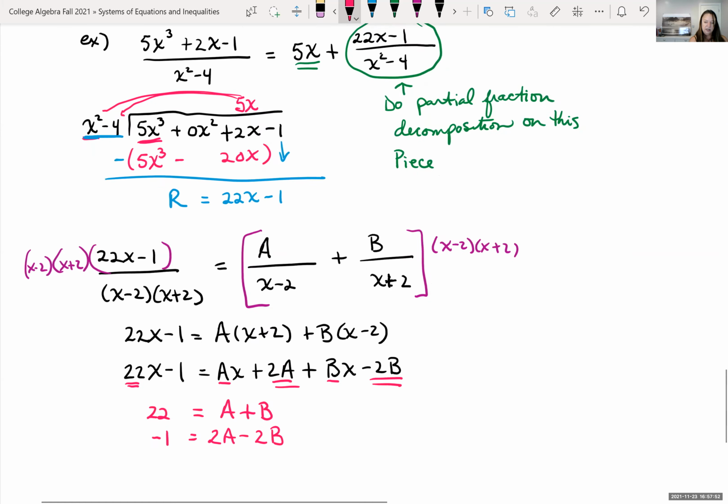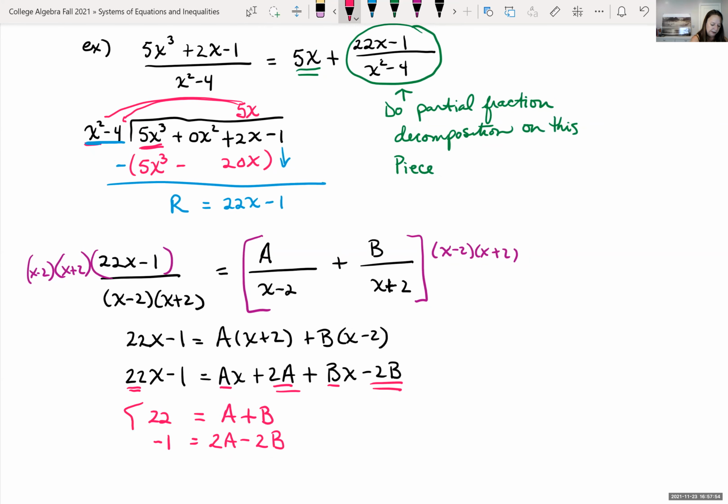I would probably do the addition method here, or elimination method. Let's multiply that first row by 2. So 2 times row 1, that would give me 2 times 22 is 44, is equal to 2 times A is 2A plus 2 times B is 2B.